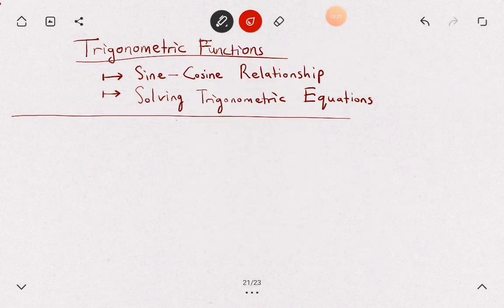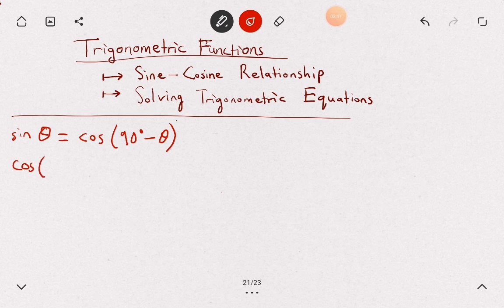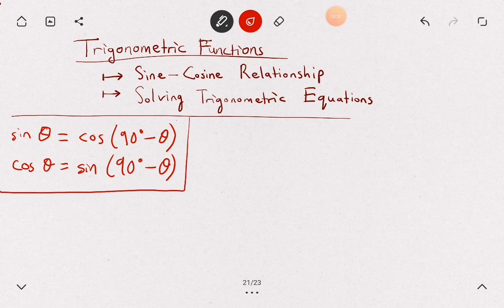So the result will be, if you have an angle theta, sine theta will have the same value as the cosine of 90 minus theta, and the opposite is also the same. Cosine theta is equal to sine 90 minus theta. This is the relationship.